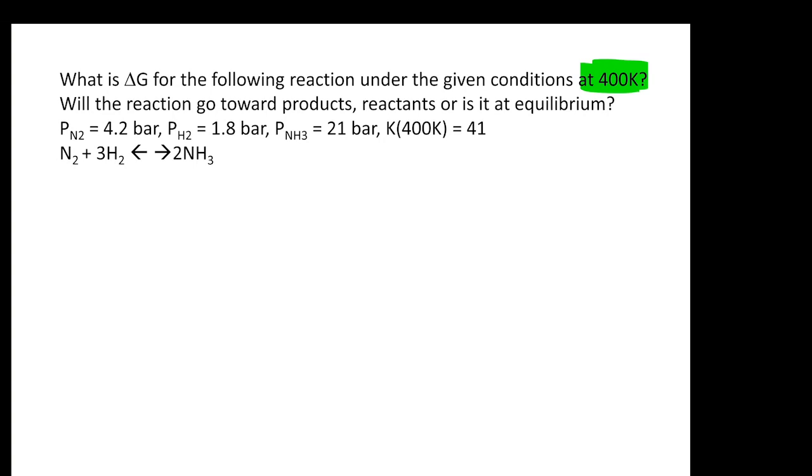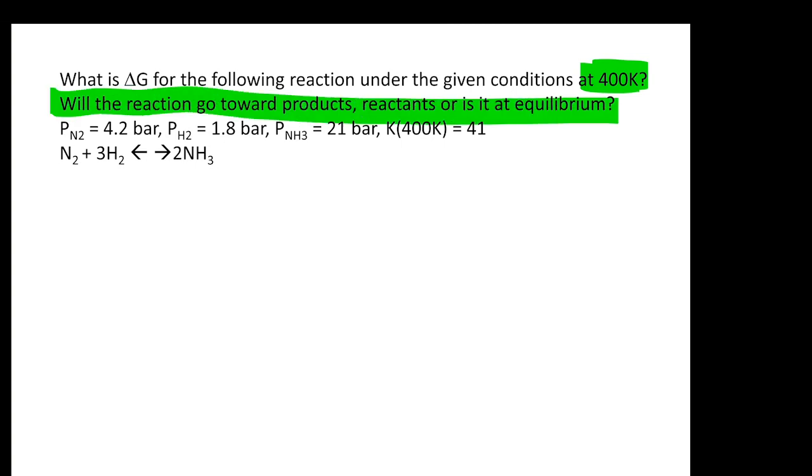In order to know the answer, you want to know whether your delta G is positive, 0, or negative. It tells you the condition you have, and it also gives you the equilibrium constant K for the specific reaction at specific temperature.